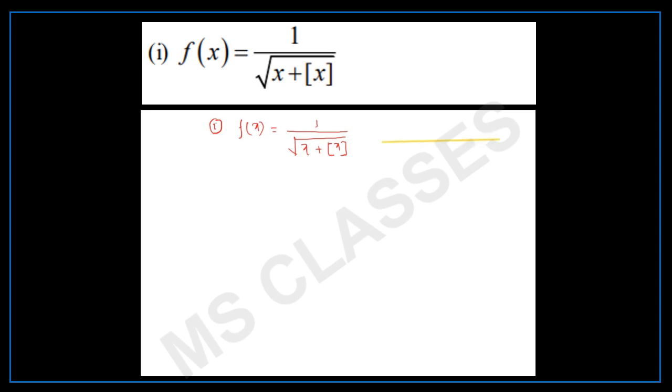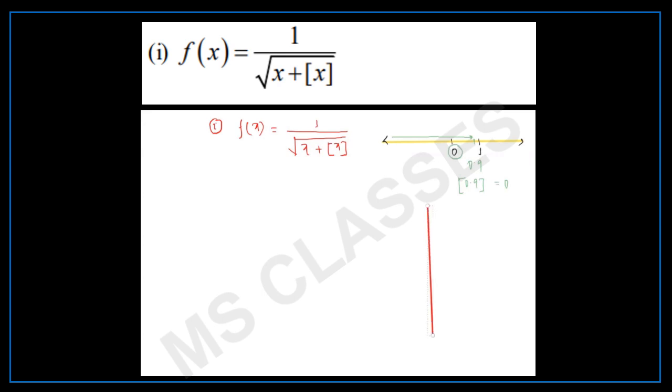That is, if we have a number line, this is the origin. Suppose I take an example 1, and here we have 0.9. So when you take [0.9], this gives us 0. Why? Because from left to right, when we are coming to this point, the greatest integer we have come across is 0.